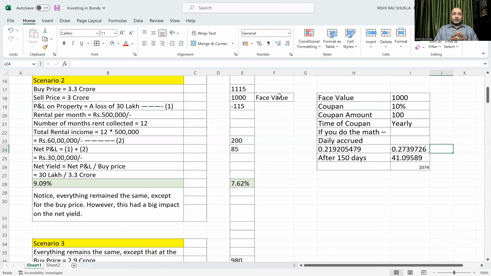So we understood two things here. One is face value, another is bond price, another is accrued interest. And this ultimately determines the settlement price of the bond, at which price we can buy and sell a bond.